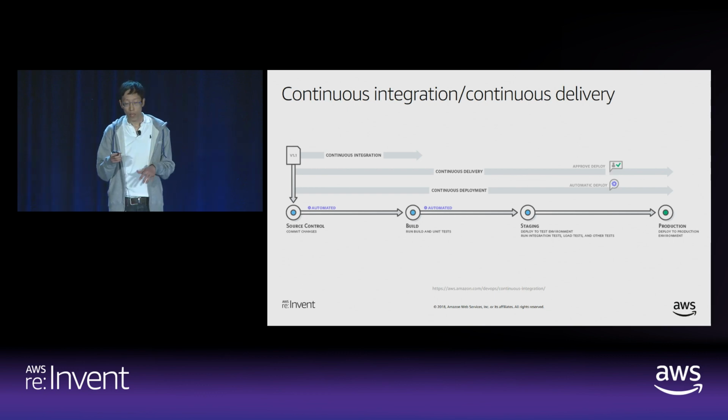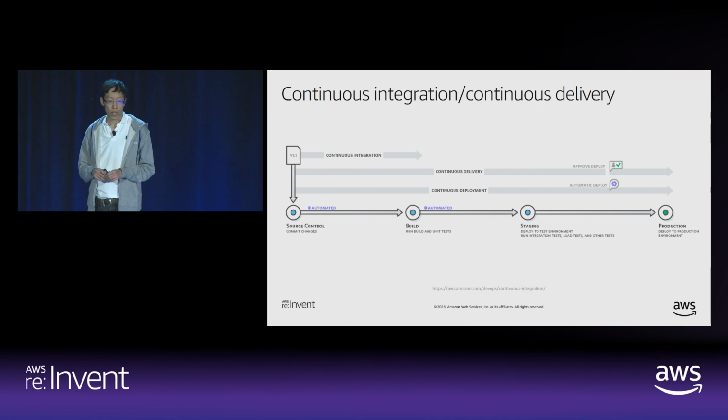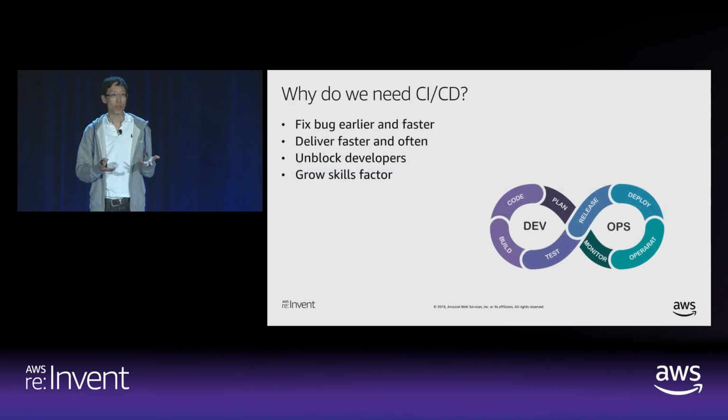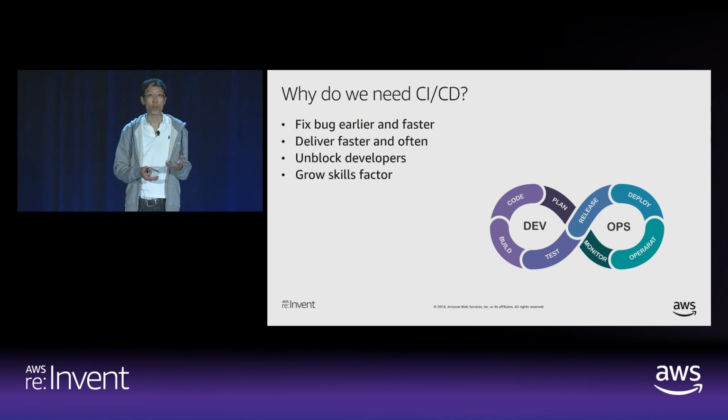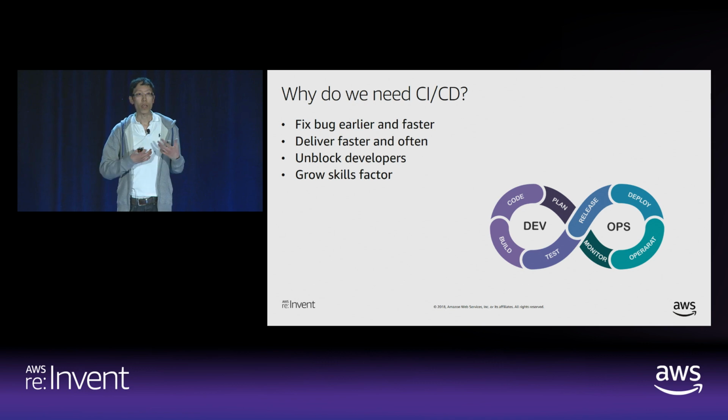So why do we need CI/CD? The first reason is that sometimes we are not perfect, right? Sometimes we write code and we have bugs, so we want to fix the bugs earlier and faster. And also we want to deploy and deliver the program faster and more often. Also, developers want to ship code faster, right?